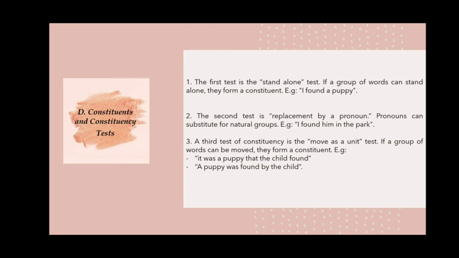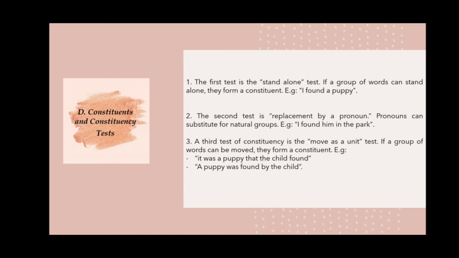The second test is replacement by a pronoun. We can see from the beginning of the title, replacement. So, pronouns can substitute for natural groups. To make it easy, if there is someone ask, where did you find the puppy? You can answer, I found him in the park. So, a puppy become him. The last test is move as a unit test. If a group of words can be moved, they form a constituent.